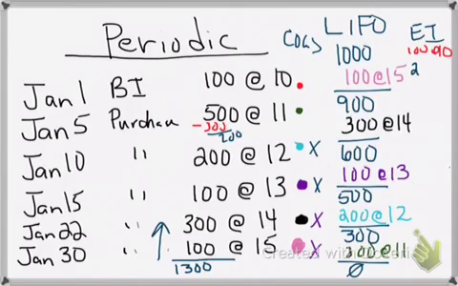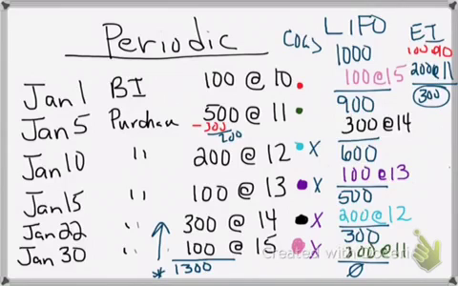So I would have the 200 at 11 is what I would have for that ending inventory. So I have the 1,000 here, and I'm going to have those 300 units over here, which is going to equal that 1,300 total there. So that is really what we're looking at for that LIFO, and then for that ending inventory.